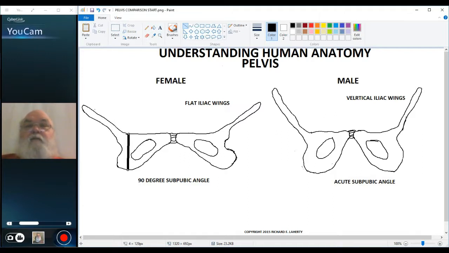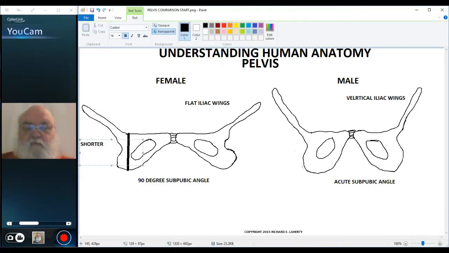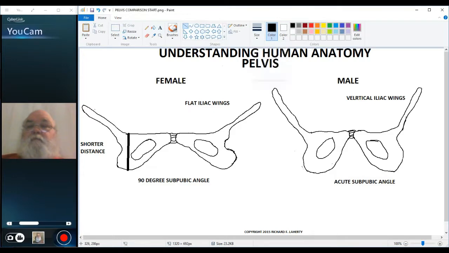And in a female, this is a shorter distance, from pelvic brim to the ischial tuberosity.